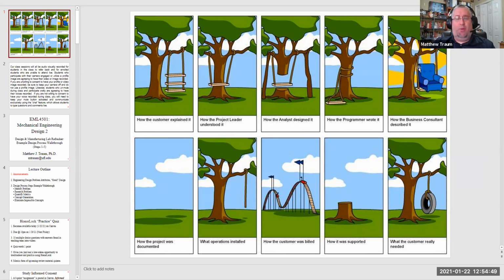But what's particularly important for the context of today's discussion is the difference between the top left panel, which is how the customer explained what they wanted, and the bottom right panel, which is what the customer really needed. So we're going to talk a bit today about the customer needs statement in the design process, and the fact that the customer often does not know what the customer wants.